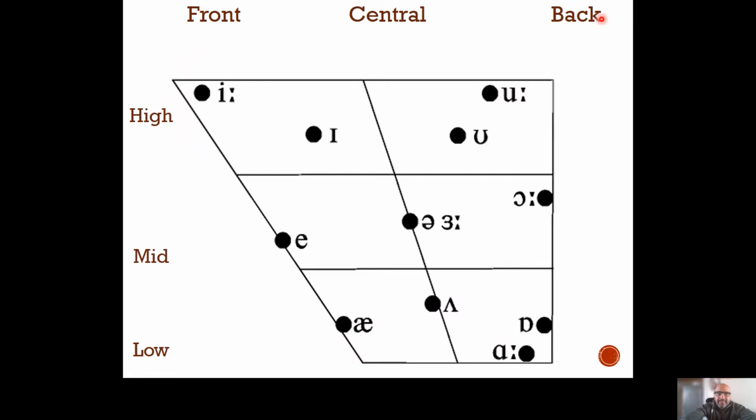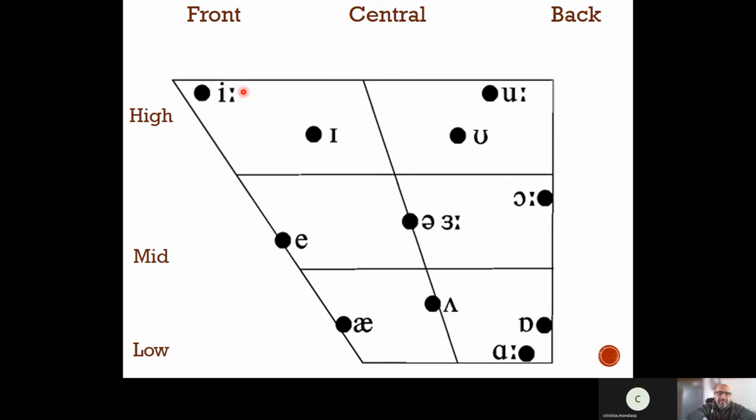And also, in terms of length, we can classify monophthongs, these vowel sounds, according to how long they are as E, or how short they are as I. Feet and fit. The first one, the vowel sound is longer than in the second example. This one is longer, this one is shorter.